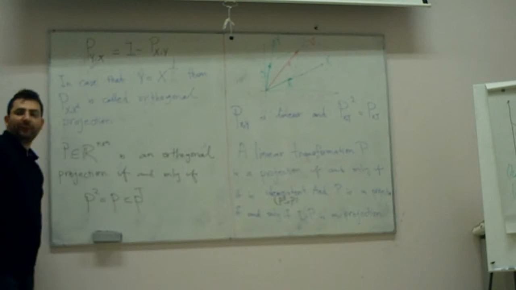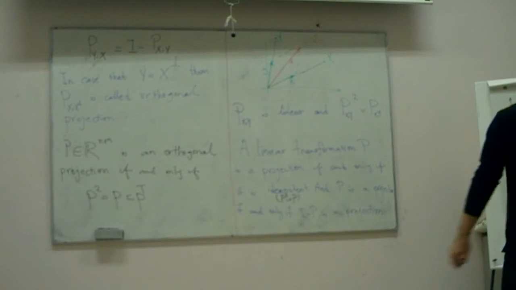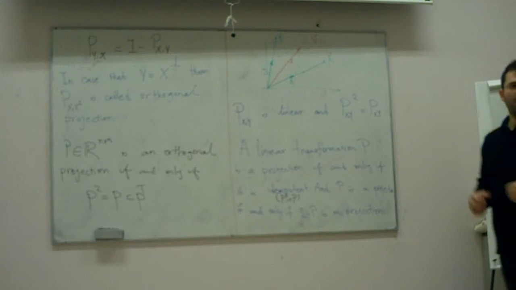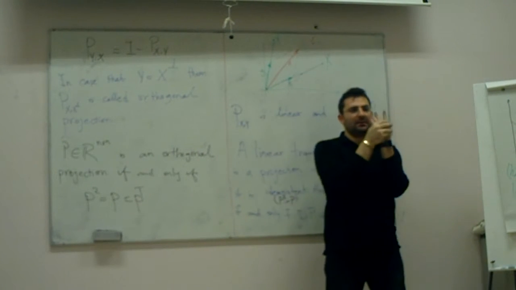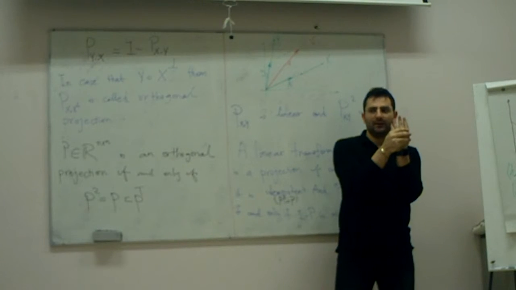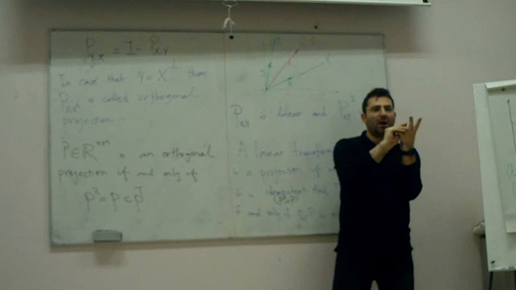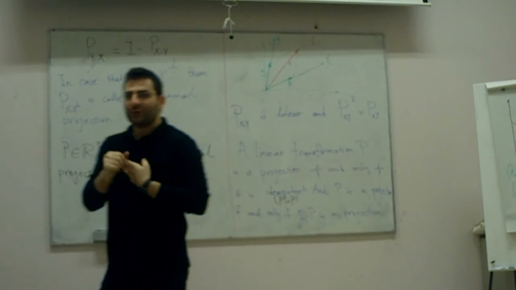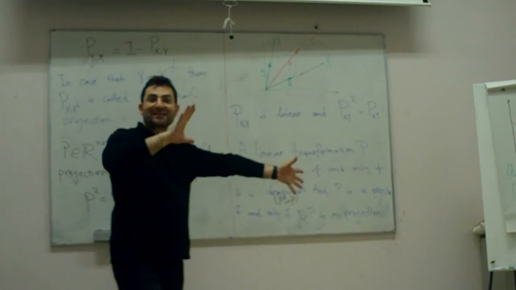Do you remember the four fundamental subspaces that we had? What are they? Range of A, range of A orthogonal, null space, null space orthogonal. And if you remember, we had difficulty finding them until we had the SVD.